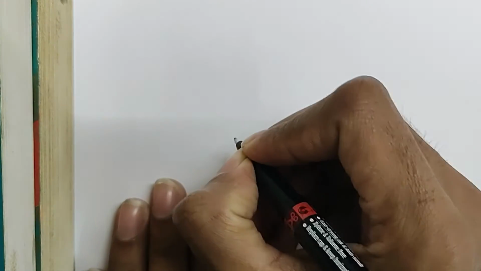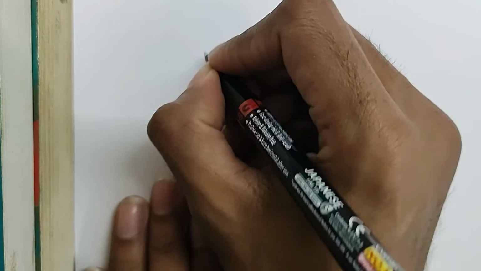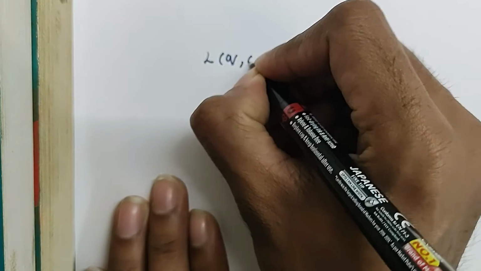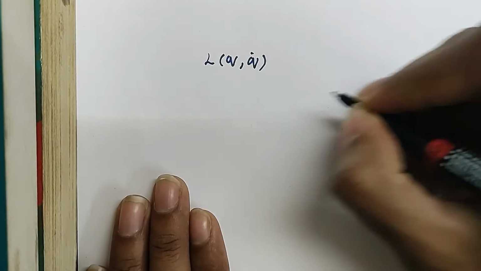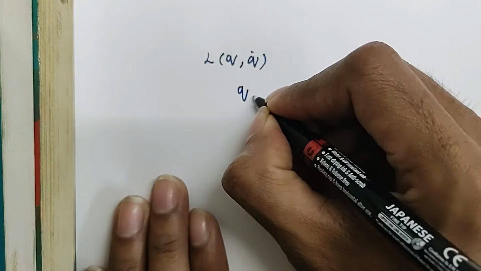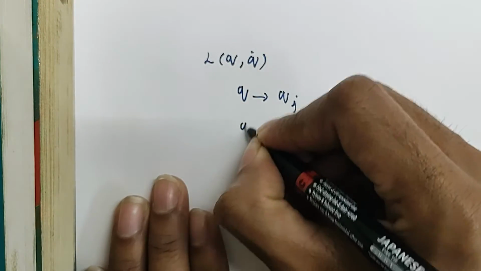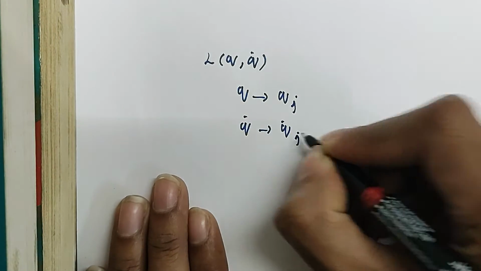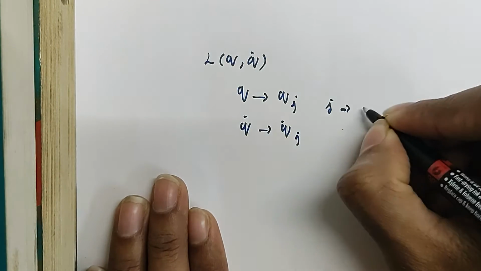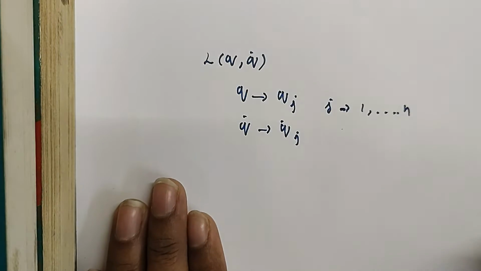So the Lagrangian is written as a function of q and q dot, where q is my qj and q dot is my q dot j, where j runs from 1 to n.